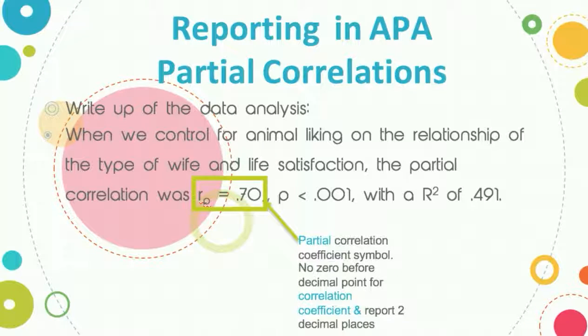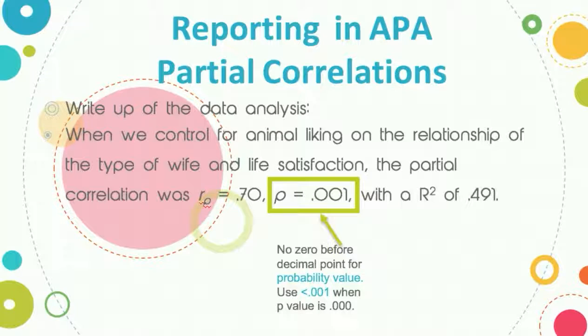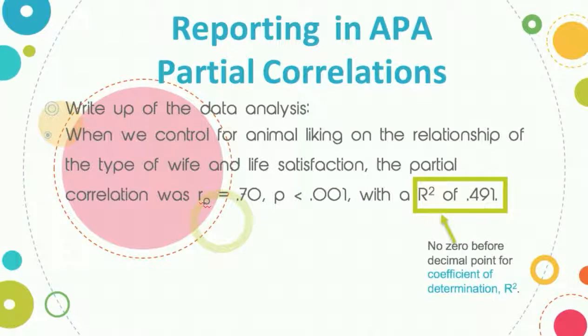Our p-value is the next thing we've got to think about. So in this situation, we can give the exact p-value, and it is p equals 0.001. You don't need a 0 before the decimal point, and the p is also italicized. And then with our r squared, that is our coefficient of determination. It tells us our variability or our variance.